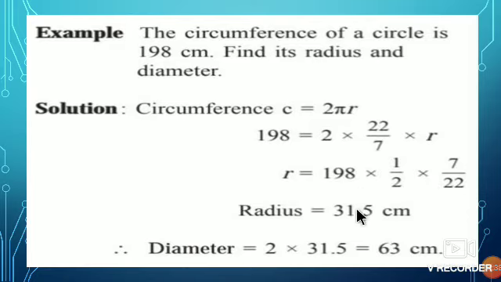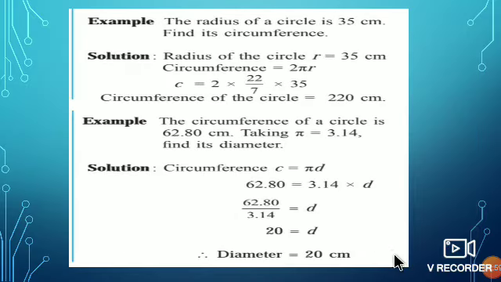After calculating, you will get here 31.5 centimeter will be the radius, and we know the formula of the diameter is 2r. So multiply this radius value by 2, you will get the diameter 63 centimeter.